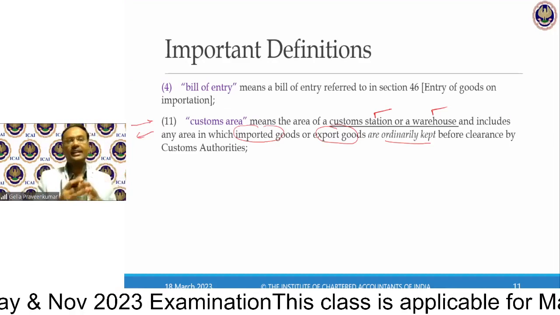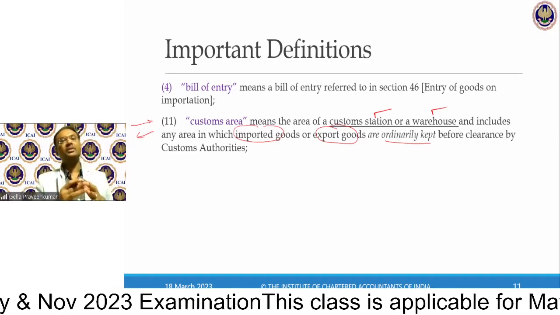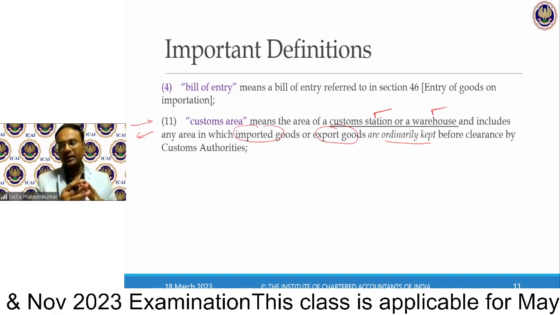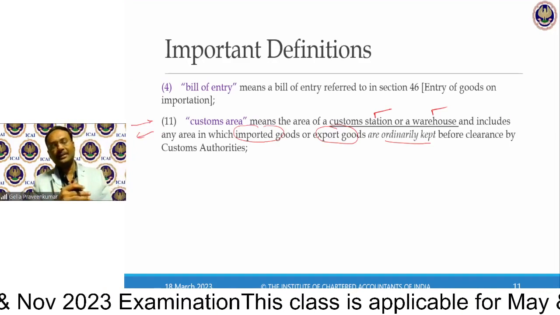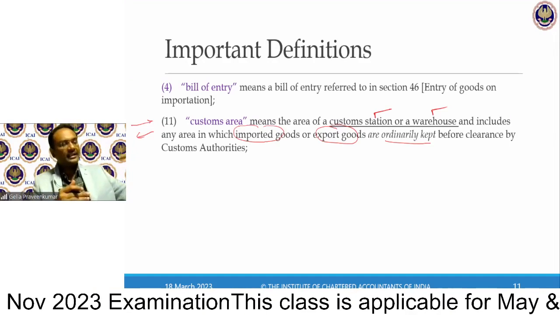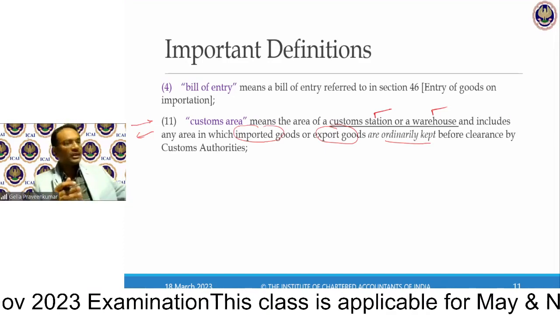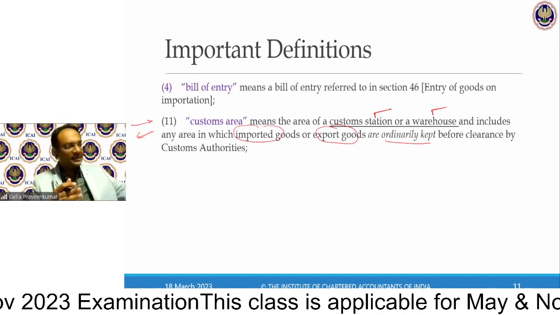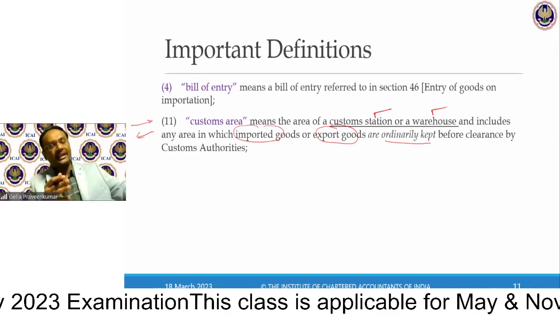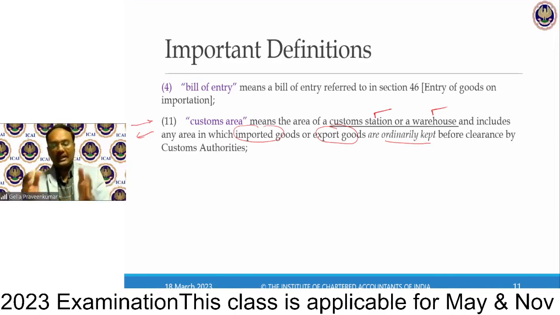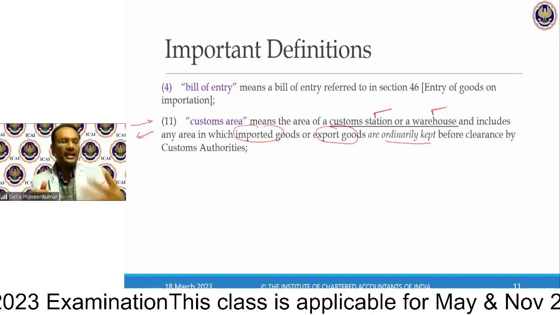It's a restricted area. I don't know how many of you have gone to the customs for assessment purpose. The moment you enter the customs for assessment, appeals, etc., the same. Customs station starts from here. That means any goods which are coming into that area, you have a security guard, you have to make a declaration.